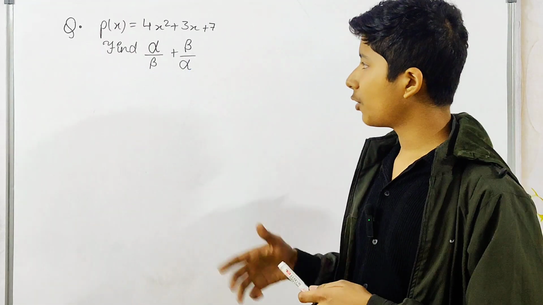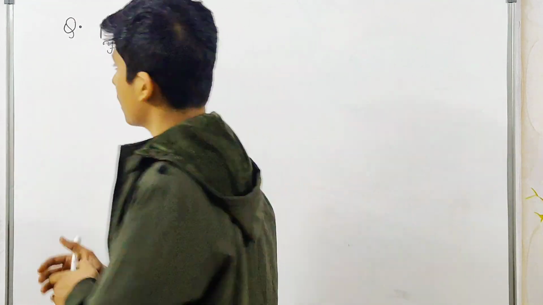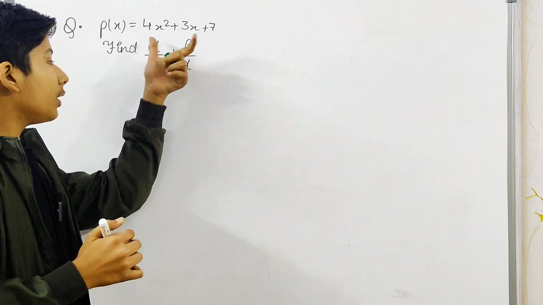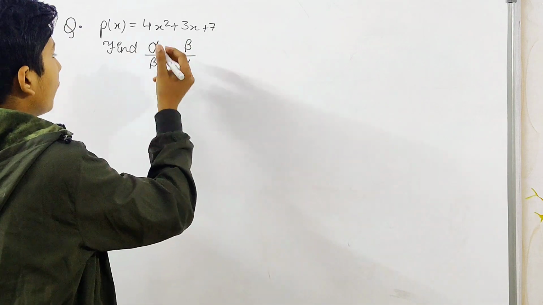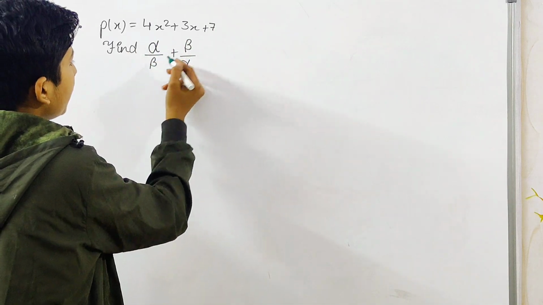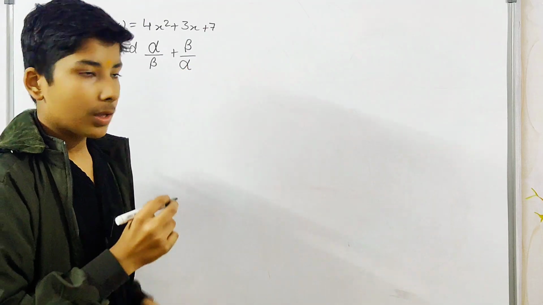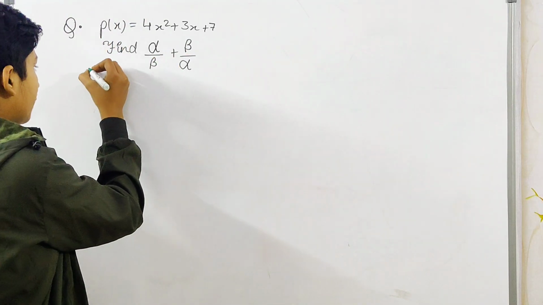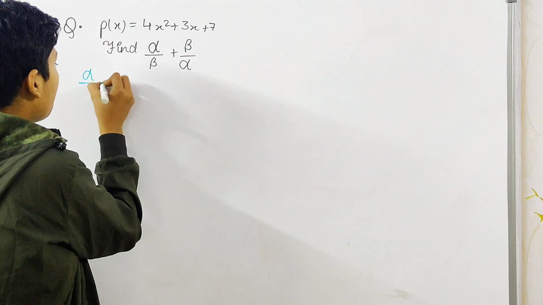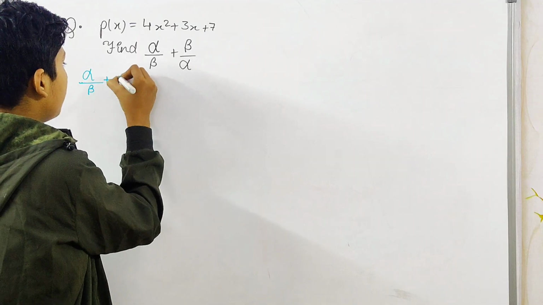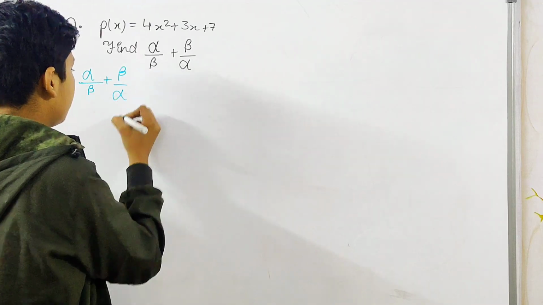Now this is a polynomial which has been given to us. From this polynomial we have to find out the value of alpha upon beta plus beta upon alpha.